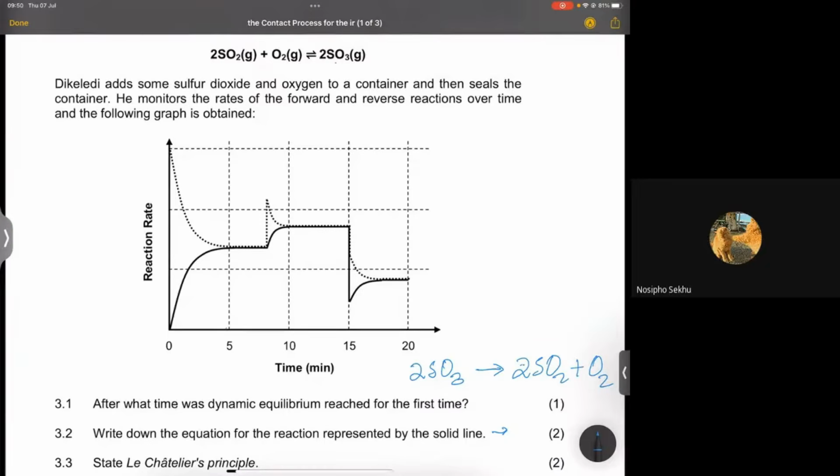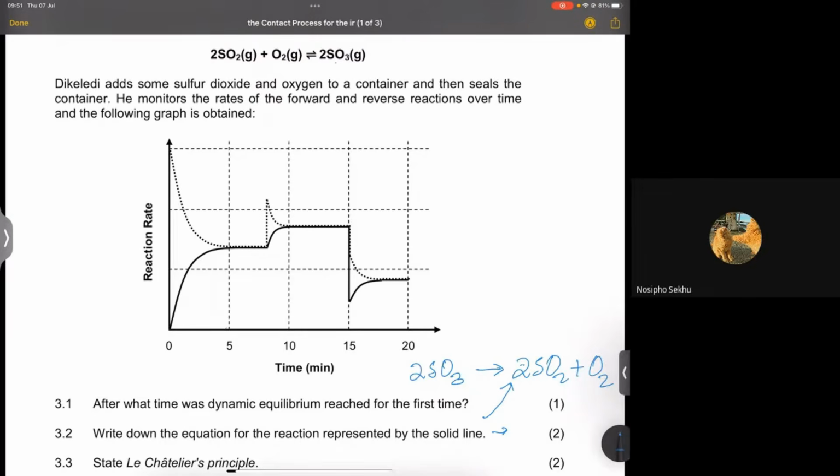The next question: what is Le Chatelier's principle? This is the answer. Remember, we say in a closed system, if one of the factors that affect equilibrium changes, then equilibrium will counteract the change, and a new equilibrium will be established.